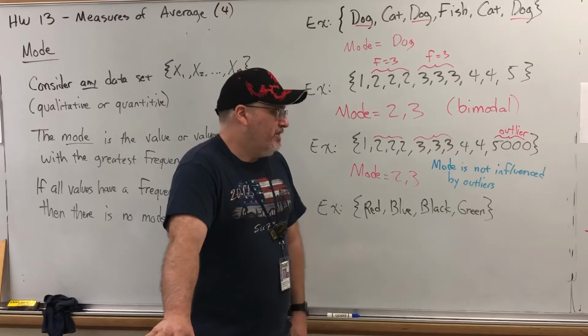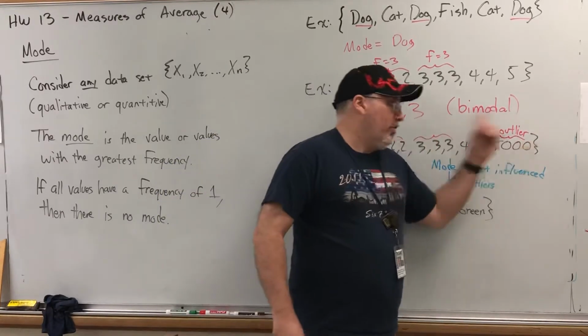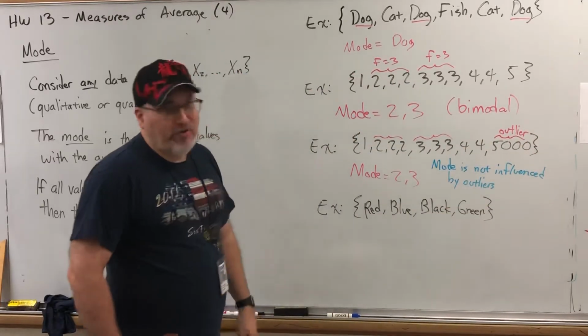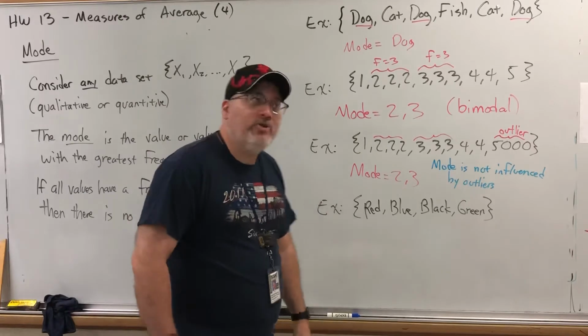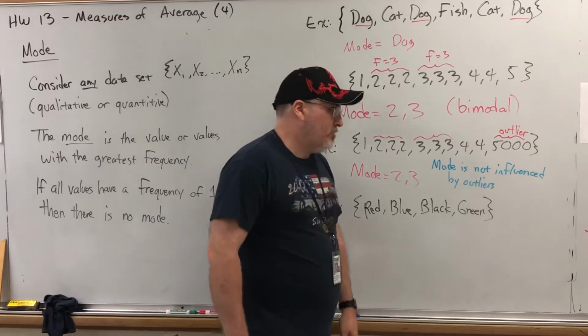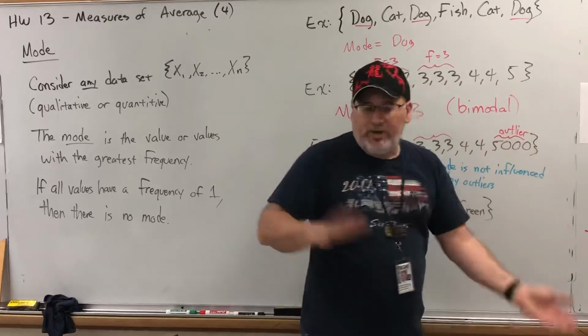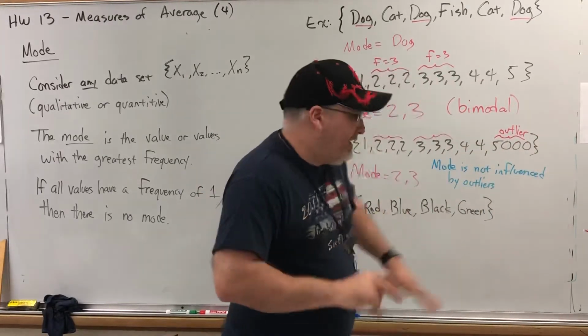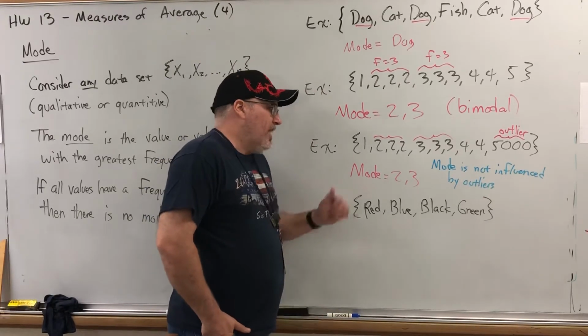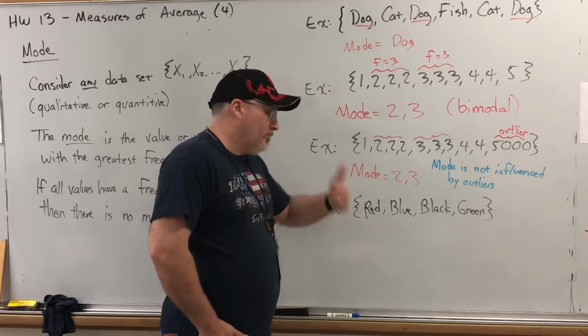And without going into details, as you start throwing more larger values over there, that boundary moves and those numbers might not actually be considered outliers anymore. Because now you don't have one number that's bigger than everybody else. You've got a bunch of big numbers and a bunch of small numbers. But I digress. If there's one really large or really small value, it's not going to affect the mode because there's only one of them.